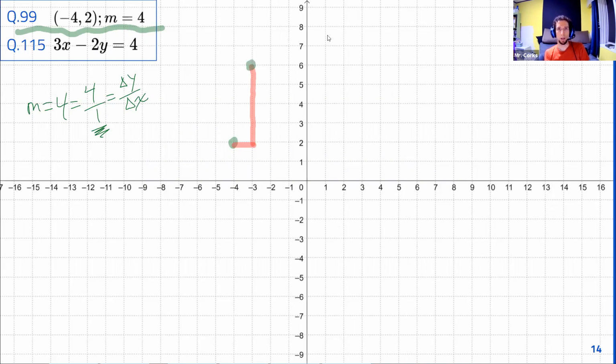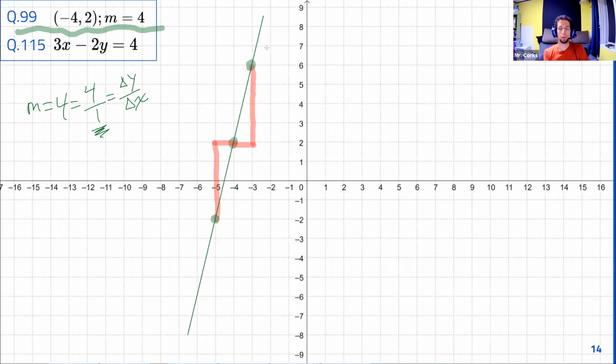Also, this works in the other direction. When x goes down by 1, then y must go down by 4: 1, 2, 3, 4 here. And there's another point. So that gives us 3 points. That should be more than enough to confidently draw this line. I will do that now.